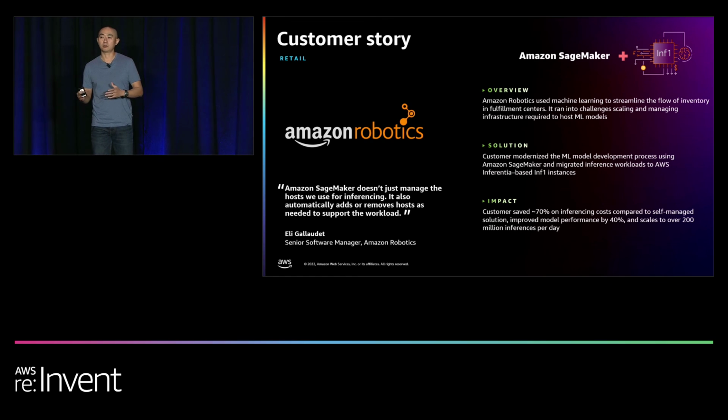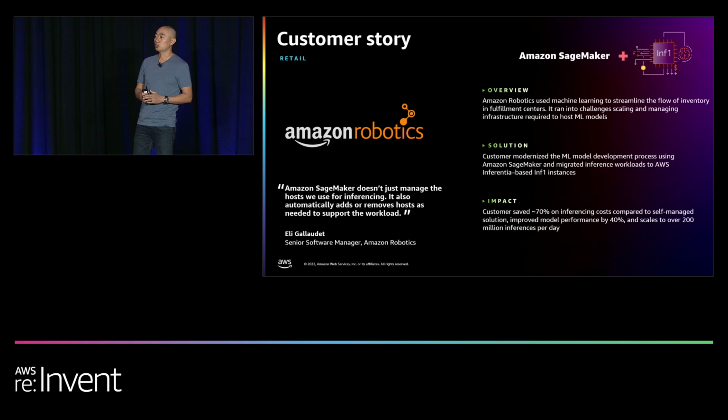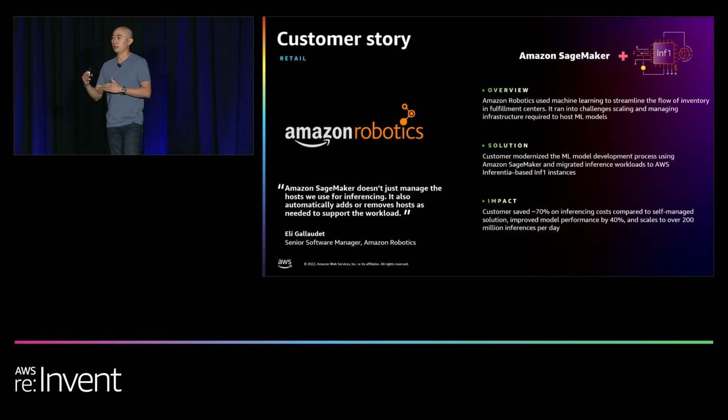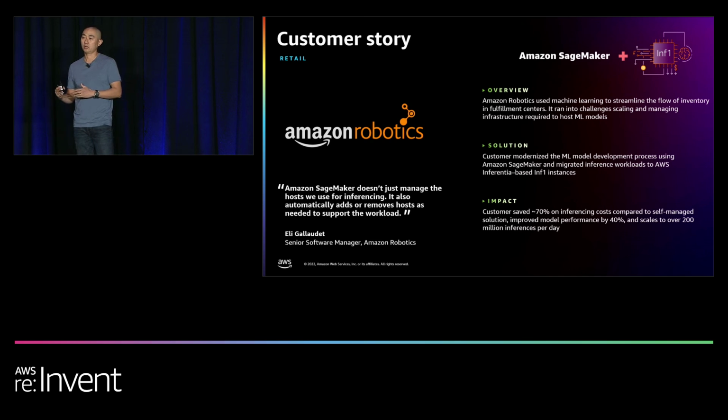So the robots move the mobile shelving units to the stations, and then the employees put in the inventory, we call it the stowing action, or take out the inventory, the pickup action. So the robotics team built a deep learning-based CV system, trained on top of millions of videos of the stowing action, in order to improve the workflow.